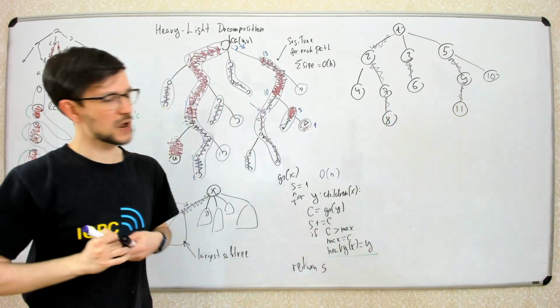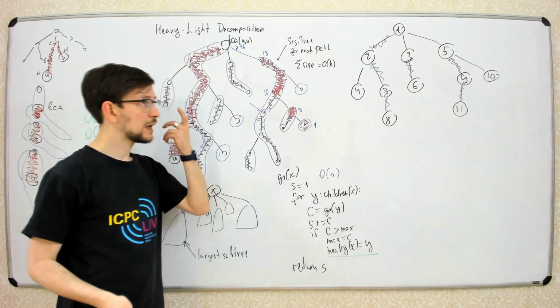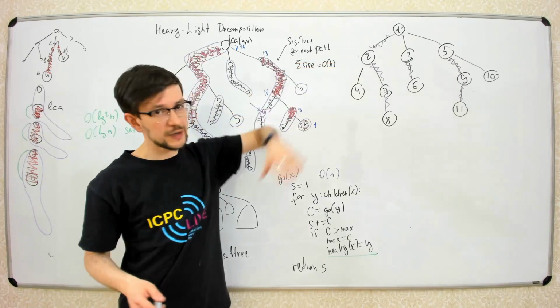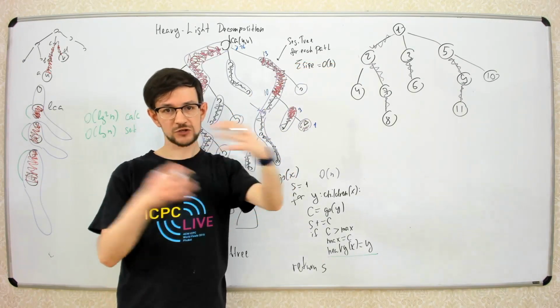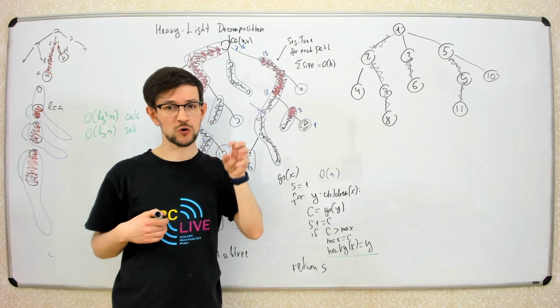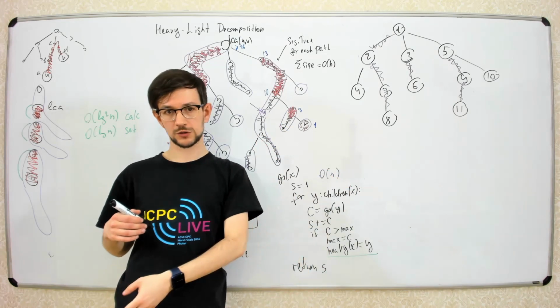For each node, I know the heavy subtree of this node. And now I will again make a recursive traversal of this tree. But in this recursive procedure, I first make the recursive call for the heavy node, and then recursive calls for all other nodes.